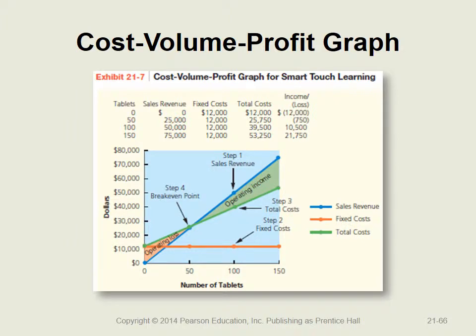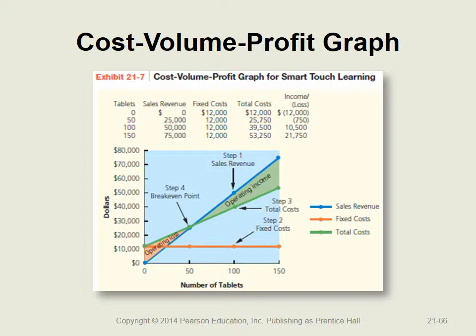The break-even point is where the sales revenue line intersects the total cost line. This is where revenue exactly equals total costs. In this case, it is at 54 tablets or $26,667 in sales, based on the rounded figures we saw in Exhibit 21.6.